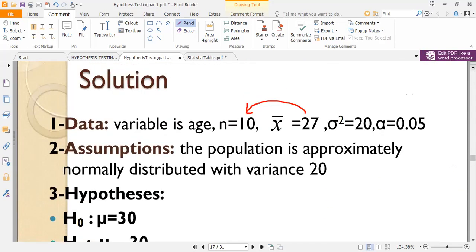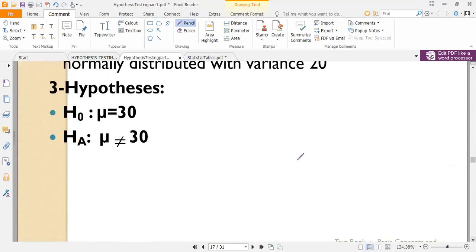We're given a variance, we're not given the standard deviation. So if you're not given the standard deviation, you can use this formula because everything will be square rooted. You can simply say x bar minus mu over everything under the square root, and you can put the variance there over n.